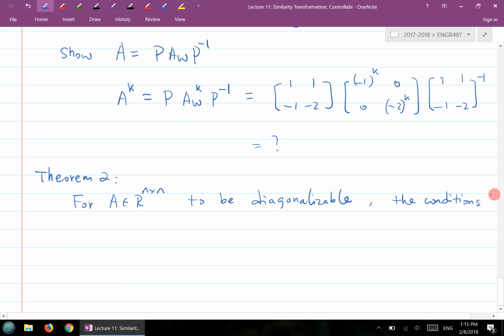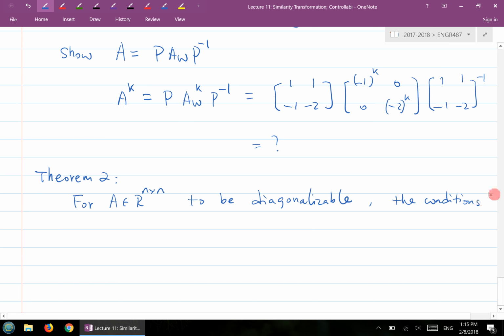So for this matrix to be diagonalizable, if and only if A has n linearly independent eigenvectors.